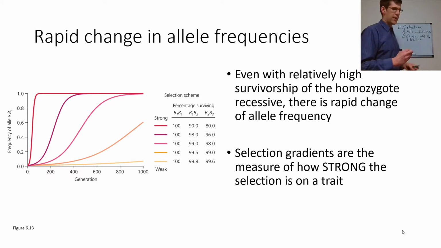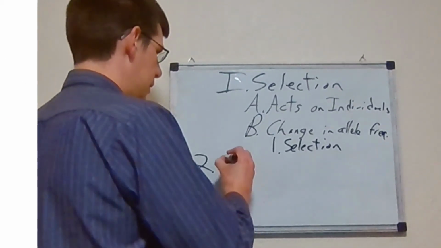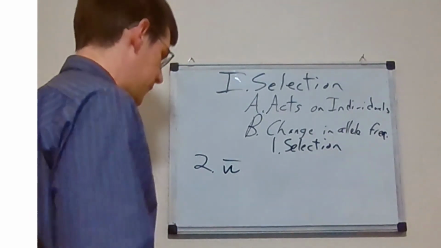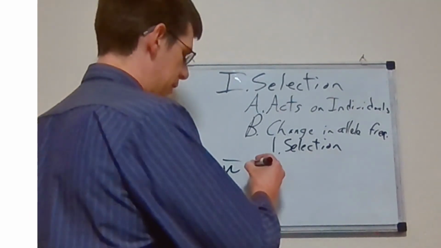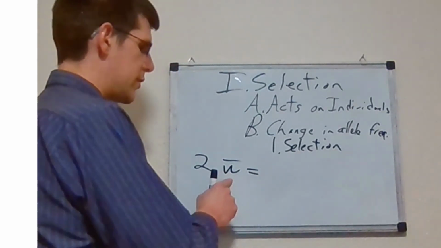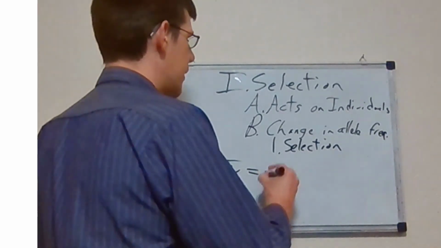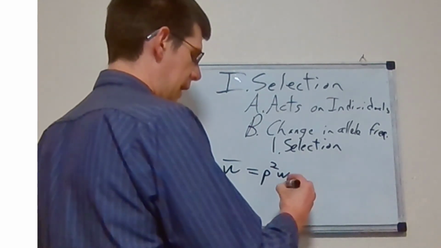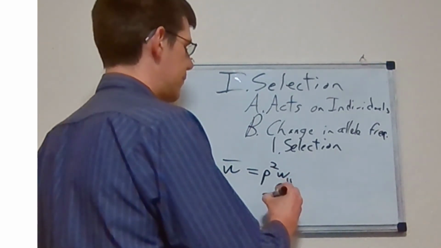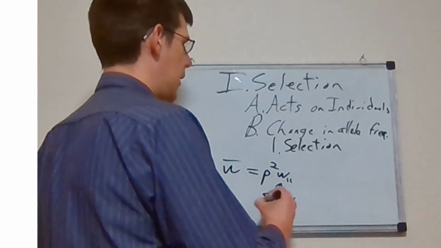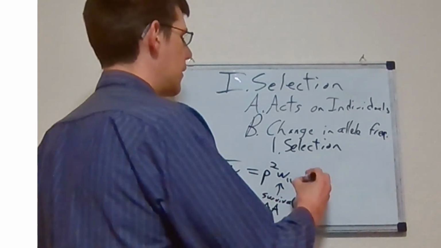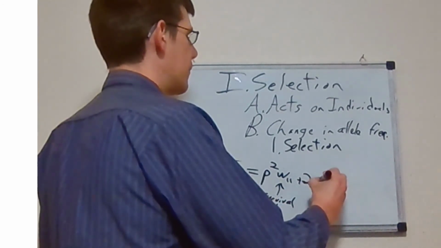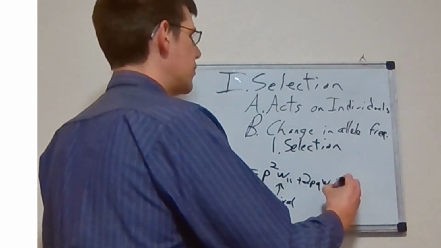But what I want to show in more than a nutshell is this calculation here. And I've got to make sure I get it right. So you have here the population fitness. Population fitness is going to equal your p squared, W11, and that's your survival of the homozygous dominant, plus 2pq, W12.